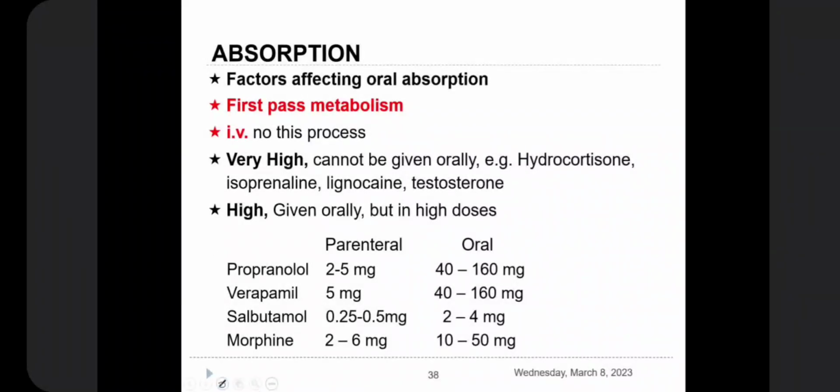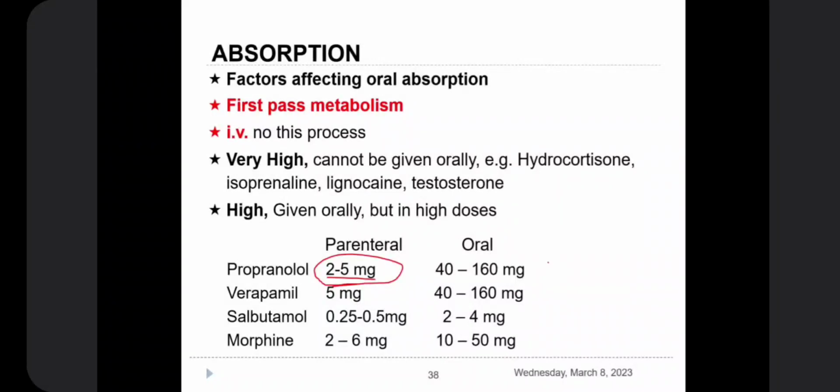Okay, you can see this is very high, like propranolol. For oral, we need to give maybe 100 mg to get a therapeutic effect. But for parenteral, for some injection, we need only 5 mg to get the equivalent action.